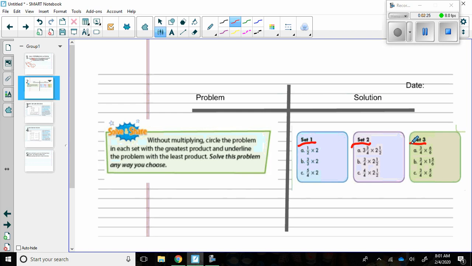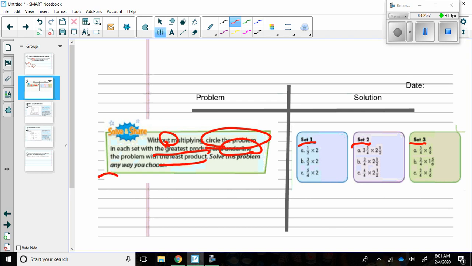So the problem says, without multiplying, circle the problem in each set with the greatest product and underline the problem with the least product. So there are two things that we are doing. First, you're going to circle the problem with the greatest product, and you're going to underline the problem with the least product.